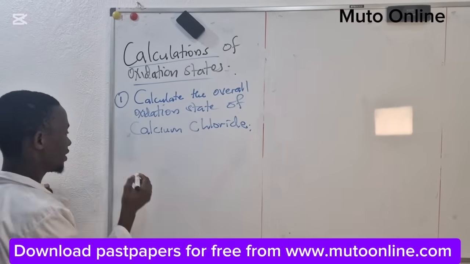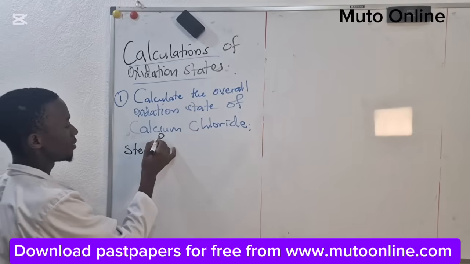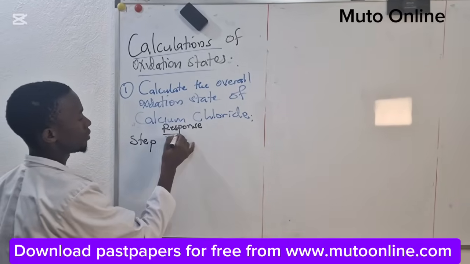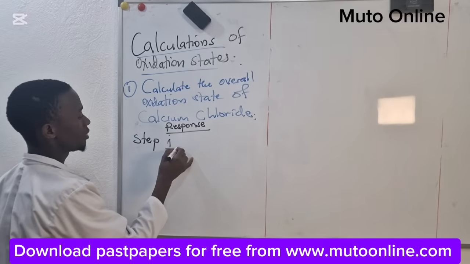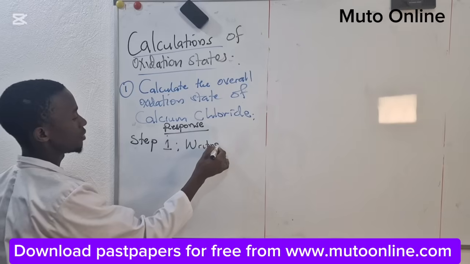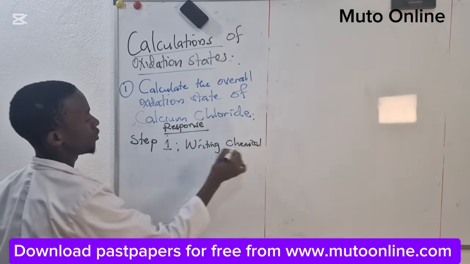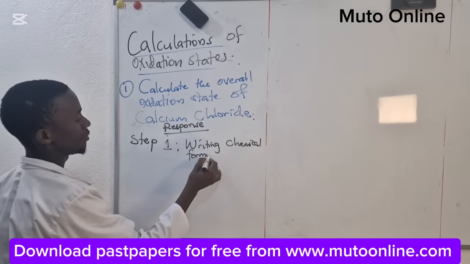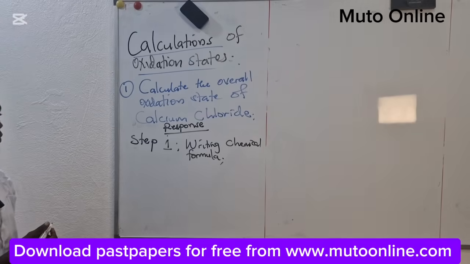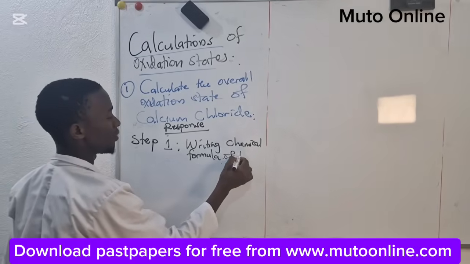For these calculations, your step 1 should always be writing the chemical formula of the compound.